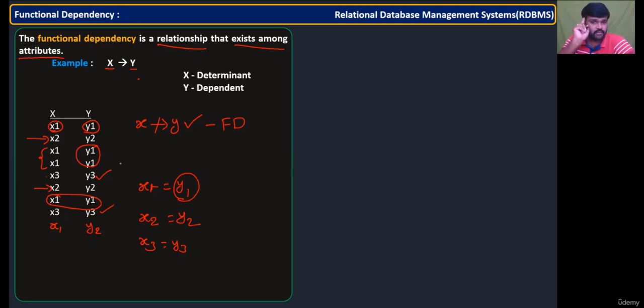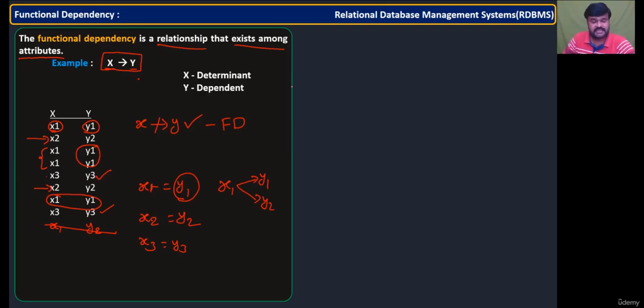That is, if for at least one value it is deriving different values, then overall X1 is deriving Y1 in some places and Y2 in others, so it is not valid. It is not an FD because Y is not dependent on X. If this is not there, then it is fine, X is deriving Y. I hope this discussion helps you understand when you can use this relation.